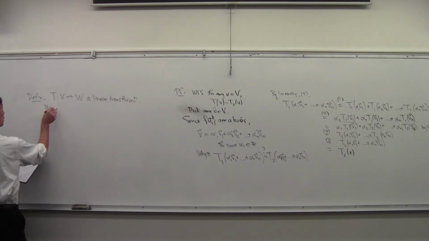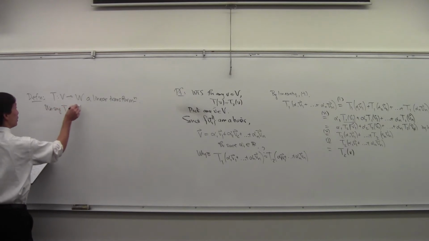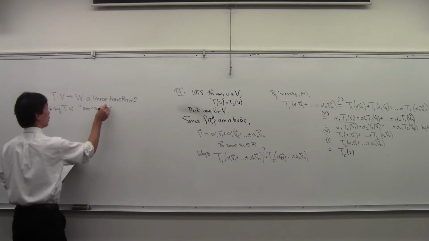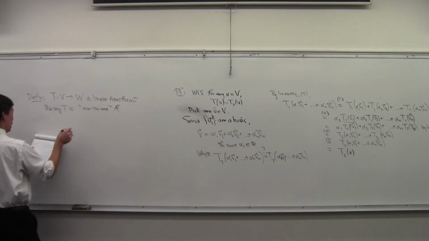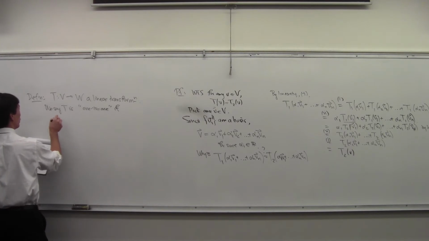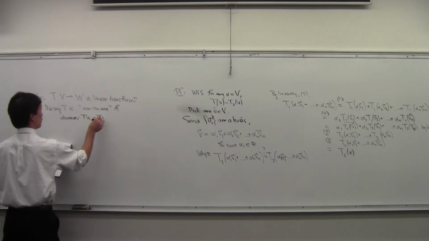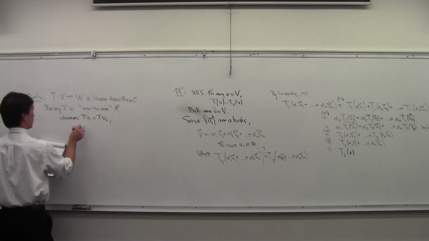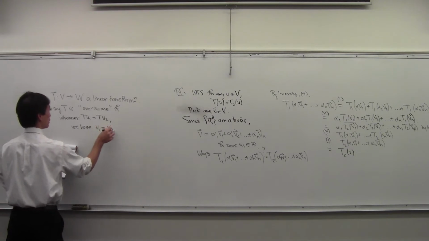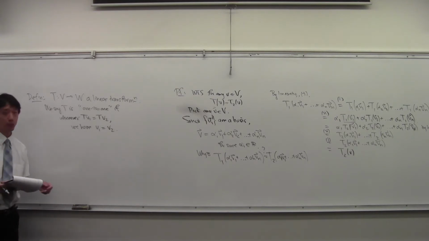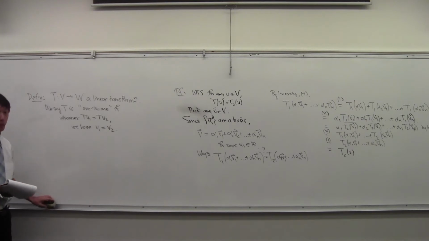We say that this linear transformation is 1-to-1 if whenever T of V1 equals T of V2, we have that V1 must be V2. Whenever T of V1 is T of V2, then V1 and V2 must be the same. Whenever the outputs are the same, then the inputs must be the same.